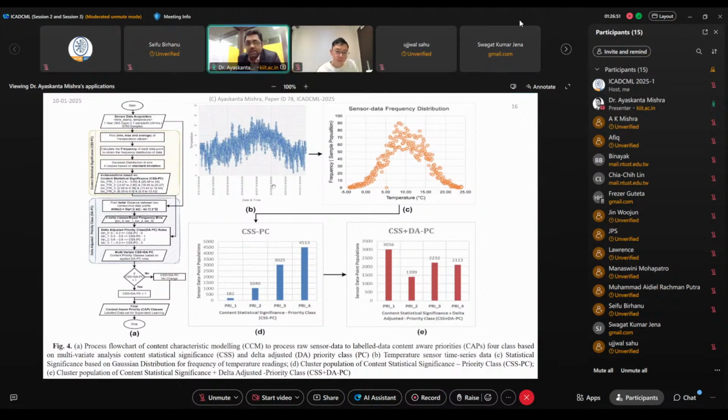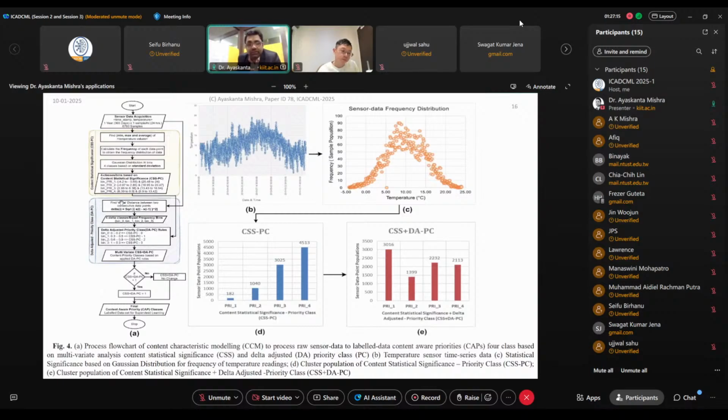As far as the algorithm is concerned, first we are doing the data acquisition. Then we are going for the frequency distribution, and we are getting the CSS. And from the CSS, we are getting the distribution, like what will be the higher priority. So the middle data points have the lowest priority, the extreme data points have higher priority, as obviously.